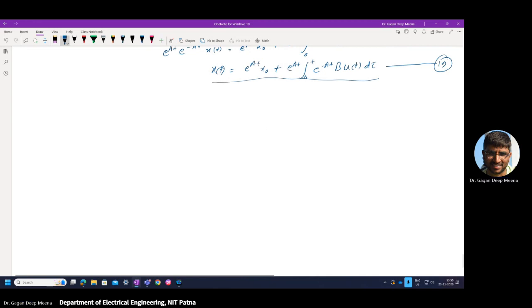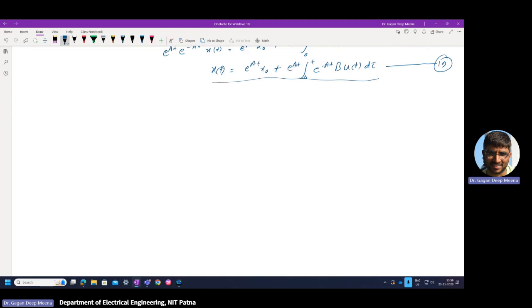And as we know that e to the power at is independent from the variable tau, we would want that dependency on tau. Okay. So as we know that we have this term x of t equal to e to the power at x0 plus e to the power at, and then this whole term which is dependent on tau. So this term has to be dealt with.